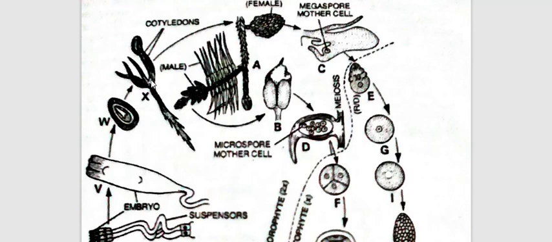From the epicotyl the plumule arises, and in the center between the cotyledons the shoot apex arises. In this way, after germination of the seed, the seedling stage is produced, and this seedling produces the sporophyte plant body.